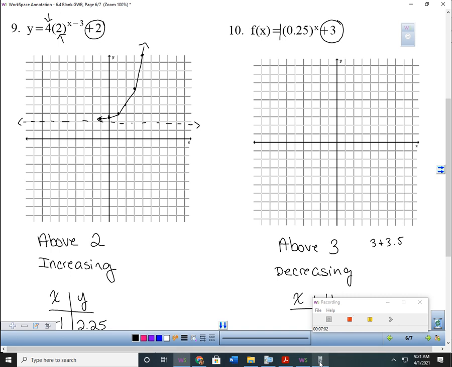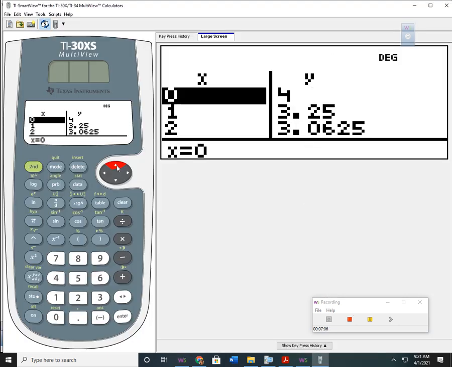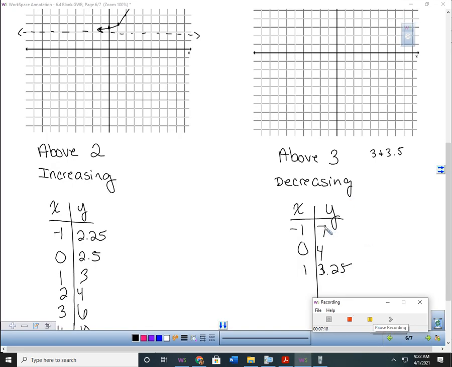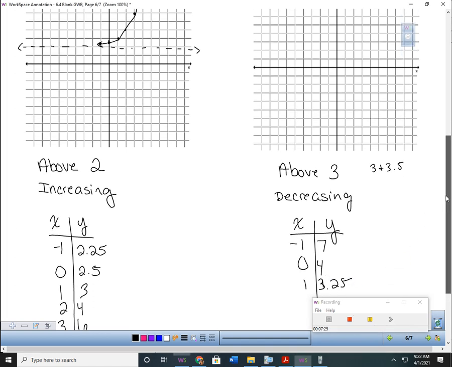All right, so I need to go a little bit farther to the left with my x's. All right, so I can't fit the point negative 2, 19 on my graph, so I'll start with the negative 1, 7, and then go from there. So this time we can only fit 3 points on here, and I'm 3.25 above my 3 since I'm approaching from the top.